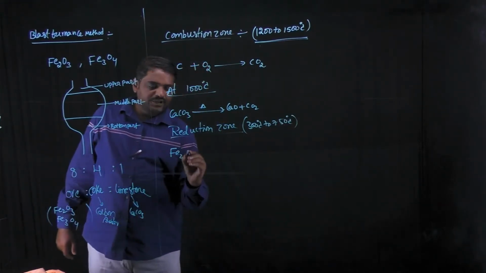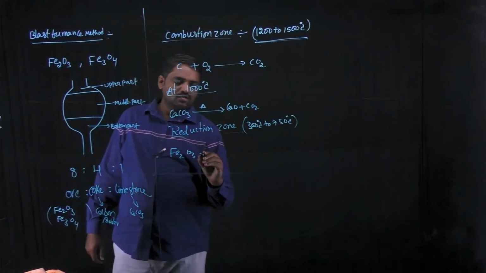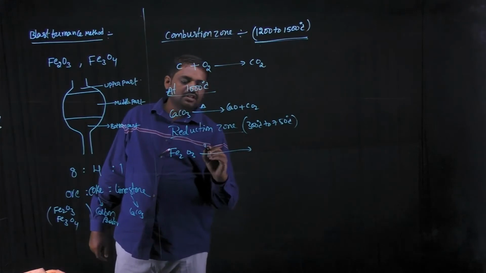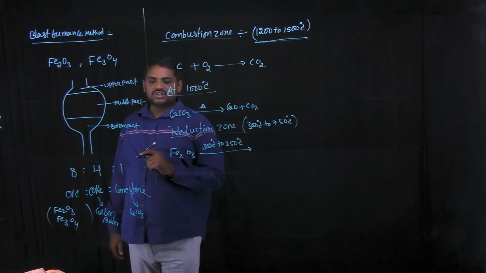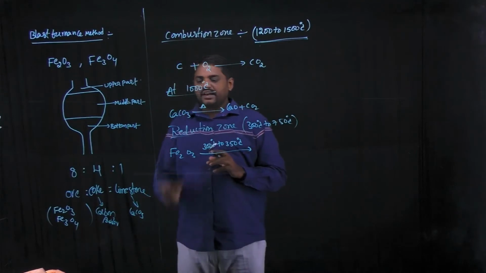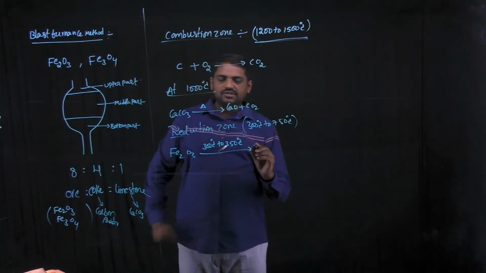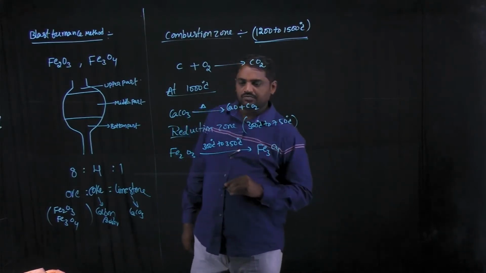The Fe2O3 particles, like hematite ore, react at 300 to 350 degrees centigrade. When the ore touches 300 to 350 degrees centigrade, the hematite is converted to magnetite, Fe2O3 to Fe3O4.